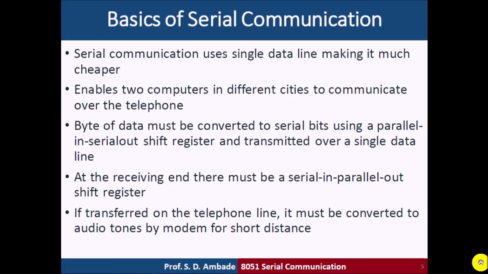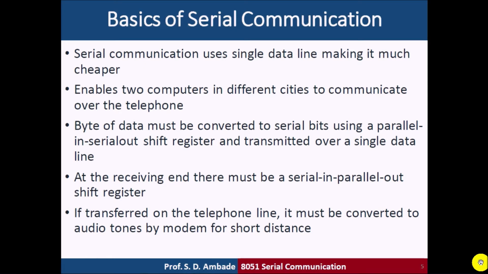So the process is that first our parallel data is converted to serial form before transmitting on the serial communication line, and at the receiver end, that serial data is again converted into parallel form by using a serial in parallel out shift register to obtain that parallel data.